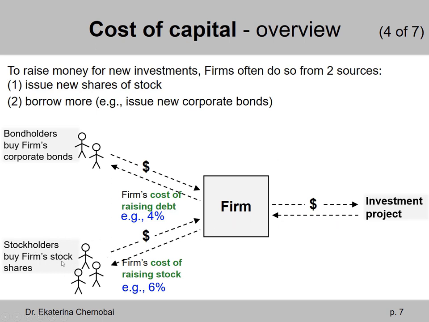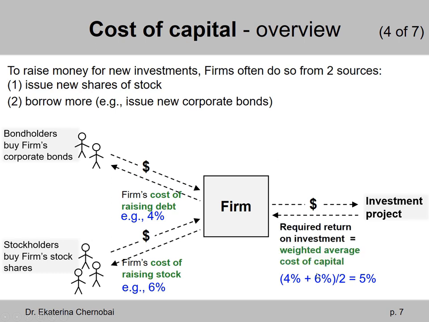The average of 4% and 6% is 5%, if we assume that equal amounts of money came to the firm from these two groups of investors. So 5% is the simple average of 4% and 6%.